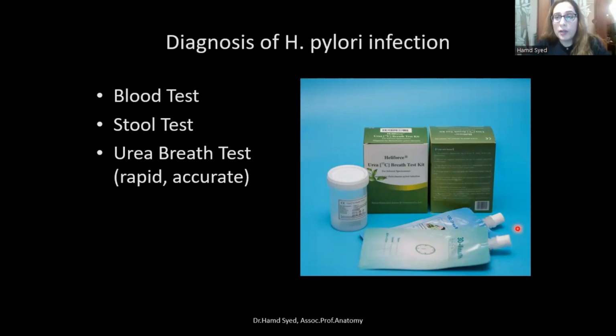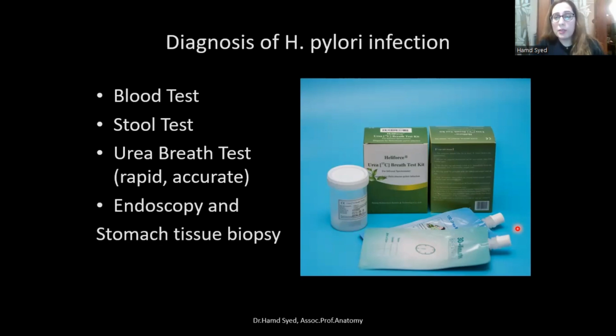And if that air contains the carbon dioxide with the radioactively labeled isotope carbon, the one which was present in the urea, that then confirms that urease enzyme was present in the stomach of the patient, and that means the presence of H. pylori, that is Helicobacter pylori, is confirmed, because it would then have broken that urea into ammonia and carbon dioxide with the radioactively labeled carbon. So this is a simple test, can be done.